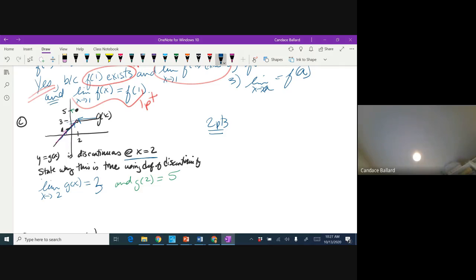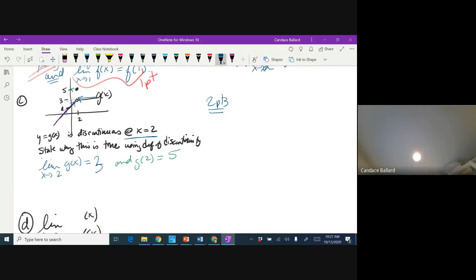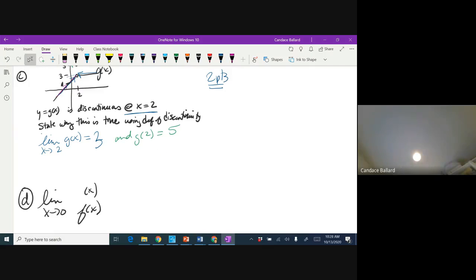Now I need to write that down in math words, right? So let's do that. We have that therefore g of x is not continuous, or you can say discontinuous. Both are interchangeable. At x equals 2, because the limit as x approaches 2 of g of x does not equal g of 2.